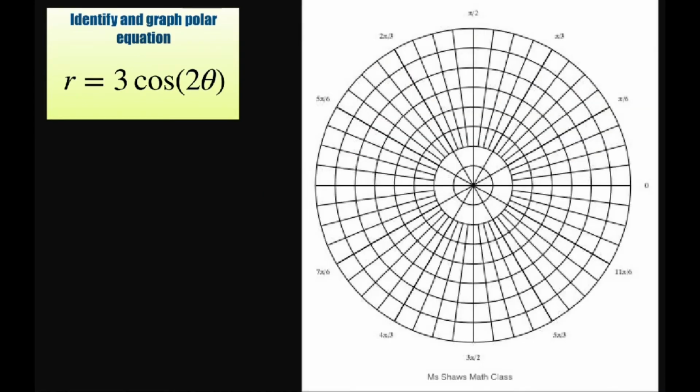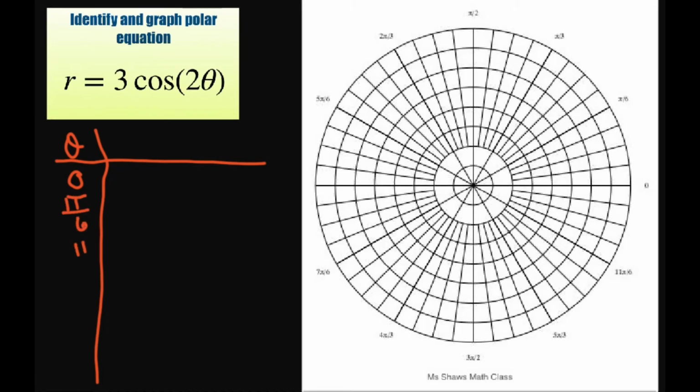All right, so we're going to have our angle here, and just use the first quadrant as 0, pi divided by 6, pi divided by 3, and pi divided by 2. And we're going to find our r value. Let's write what it is here and substitute in.